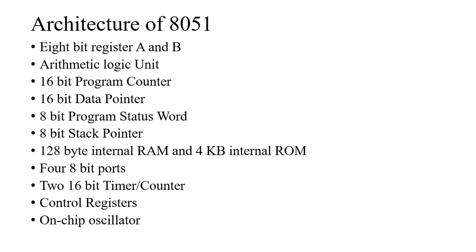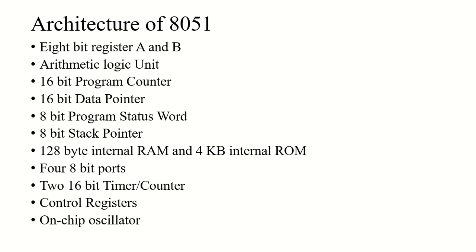Then we have the ALU. Then we have the 16-bit program counter and 16-bit data pointer. Then we have something that we don't have in 8085, an 8-bit program status word. We have an 8-bit stack pointer. We have 128 bytes of internal RAM and 4 KB of internal ROM. We have four 8-bit ports, which I just discussed earlier.